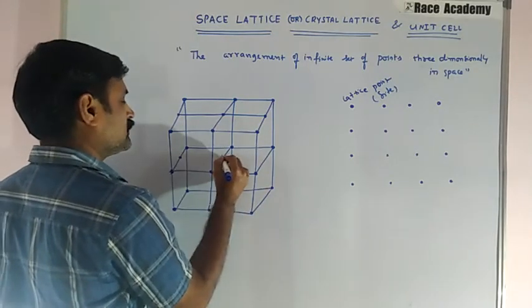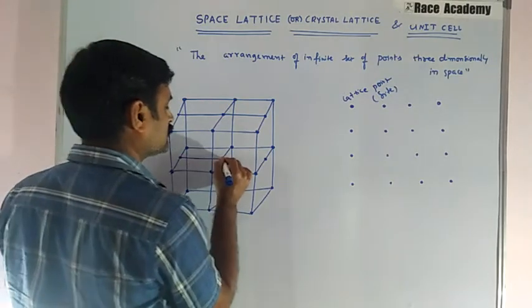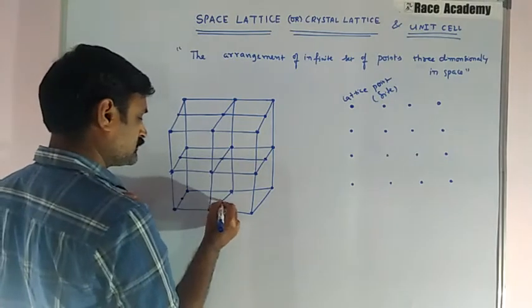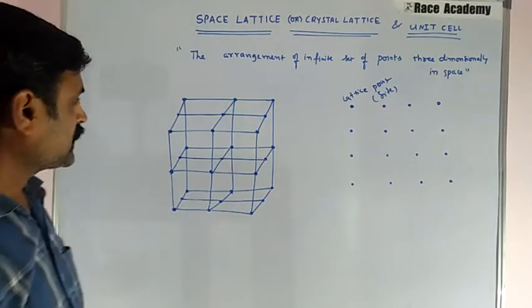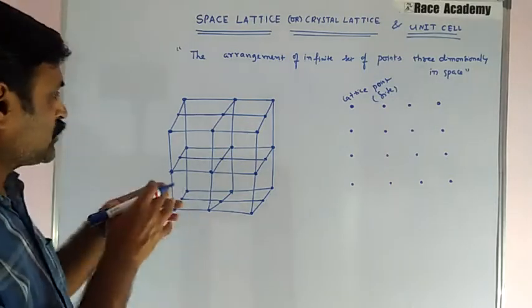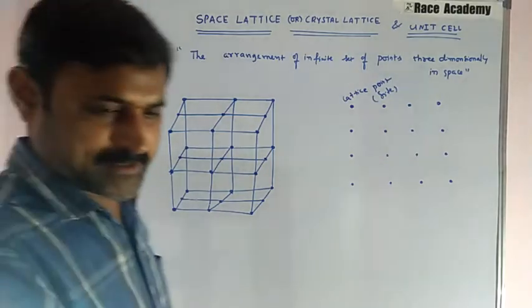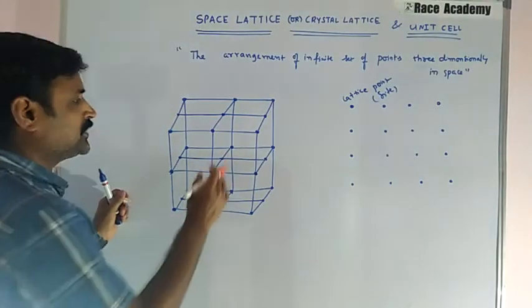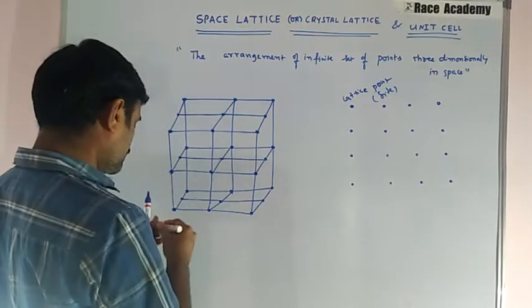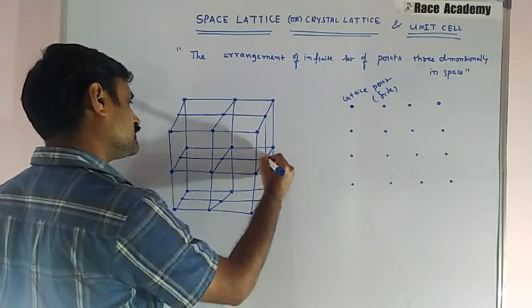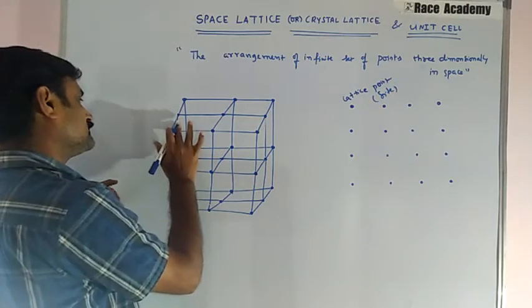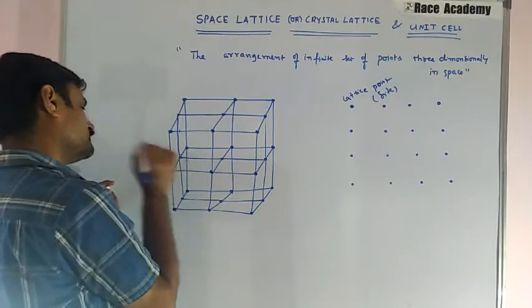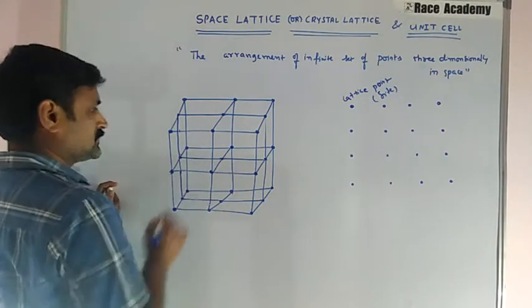Now if you observe one particular cube here by noticing a three-dimensional portion, you still need to connect here and here, like this.